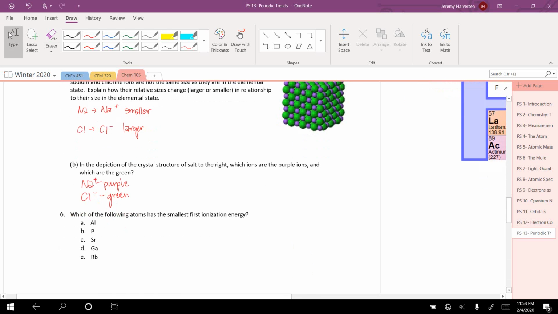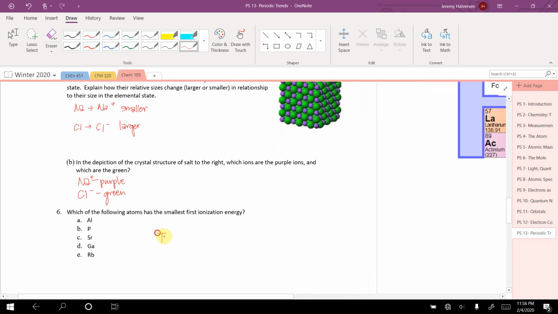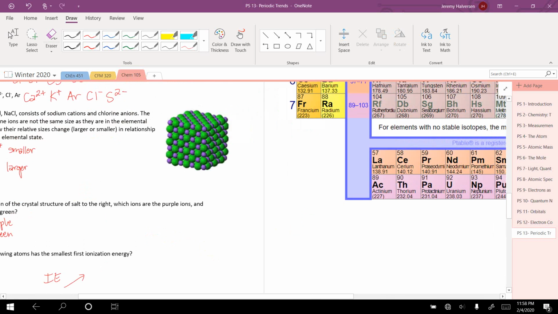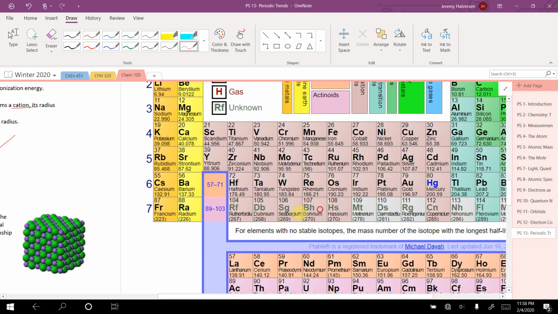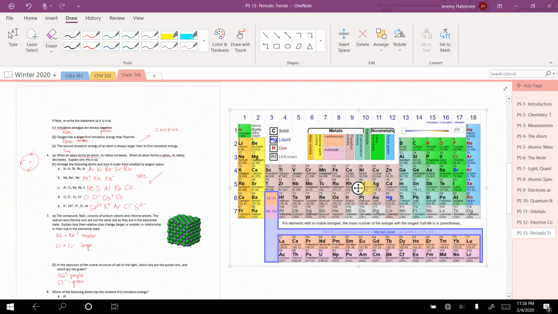All right, which of the following atoms has the smallest first ionization energy? All right, so ionization energy increases up and to the right. So again, I can just grab the periodic table here and compare the elements that it gives me.